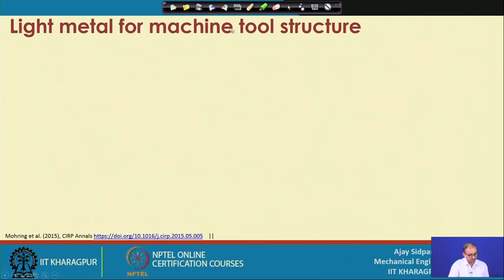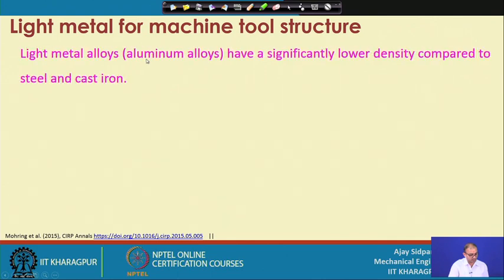Right. So, other than that, whatever we have seen, we can use different types of metal, but light metals are also available. Mostly it is aluminum alloy or magnesium alloys. So, these materials have significantly lower density compared to steel and cast iron, because we know for construction material we mostly prefer cast iron for the base, and for other parts we prefer steel, but the density is high.